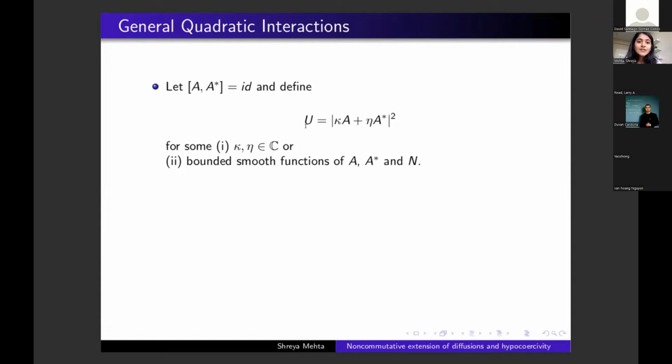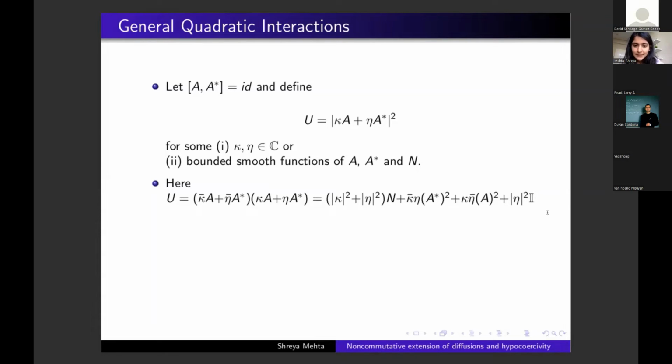And the N is just the specific case for U. So whatever we have been proving earlier, this is just the general case. And here we see that U can be written as this expression, which is the linear combination in terms of N, A star, and A.